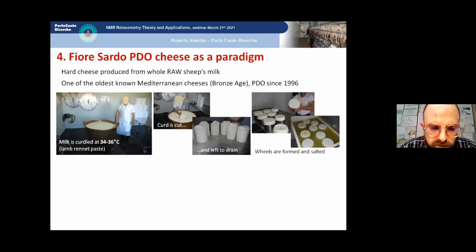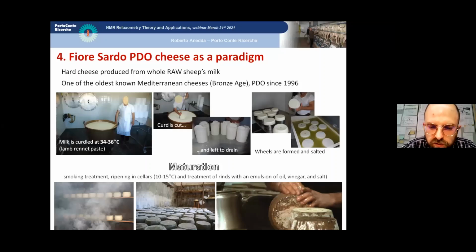Then the curd is cut and is left to drain. And finally, the wheels are given the characteristic shape. And then they are salted for about 48 hours. Maturation consists of a first smoking treatment, about 2 weeks. Then wheels are ripened in cellars at natural temperature of ripening, 10 to 15 Celsius degrees. And sometimes they are treated on the surface with an emulsion of oil, salt, and vinegar.